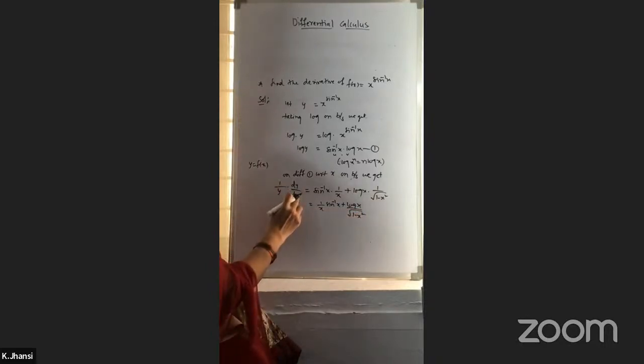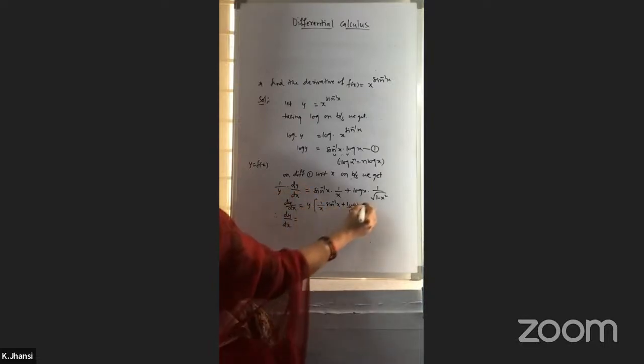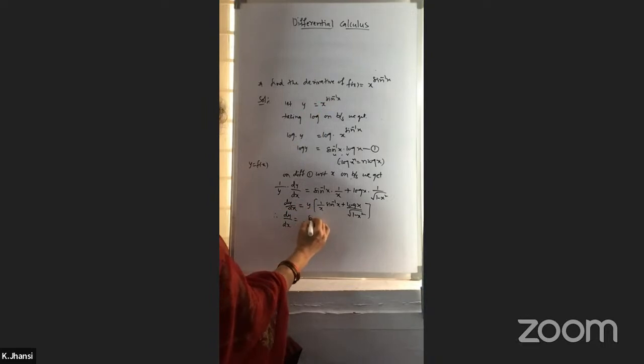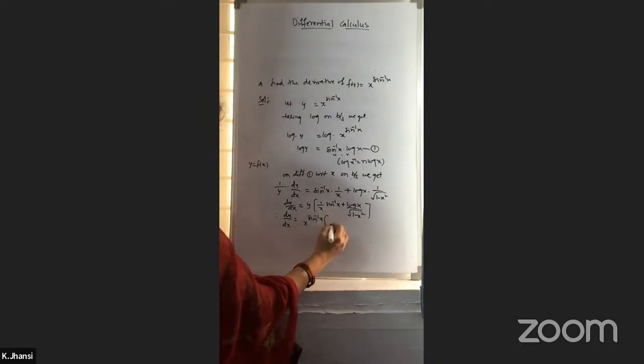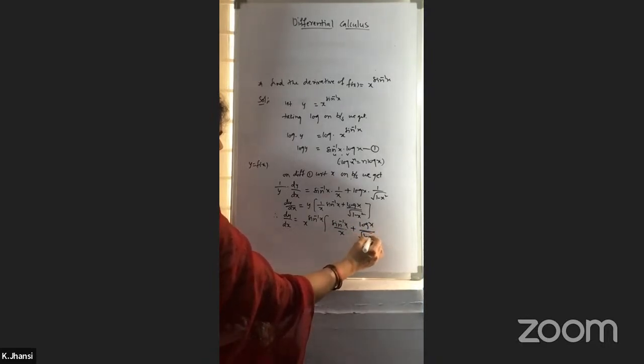So here dy by dx, therefore, dy by dx is equal to, if you take cross multiplication, y of this value. So what is y? From the given question, y value is x to the power of sin inverse x. To substitute that value here: dy by dx is x to the power of sin inverse x into sin inverse x by x plus log x by root of 1 minus x square.